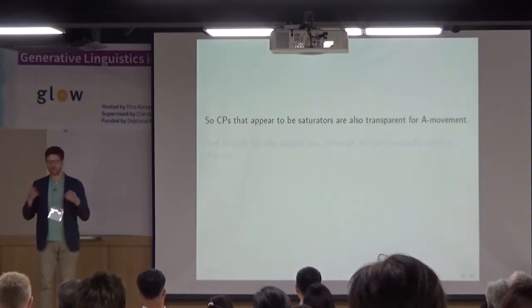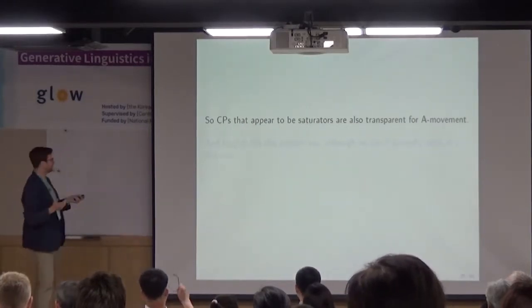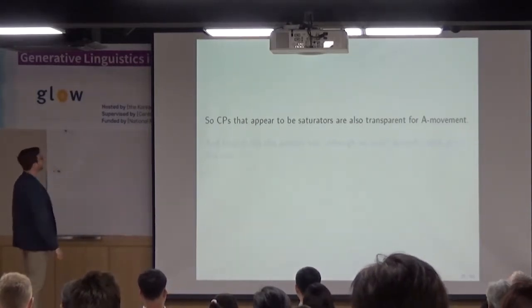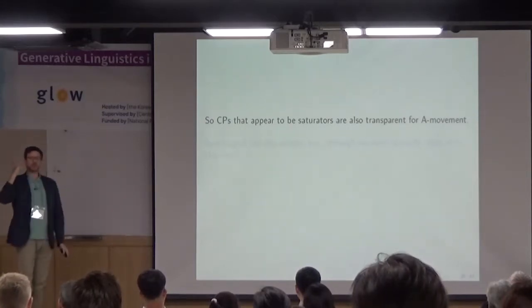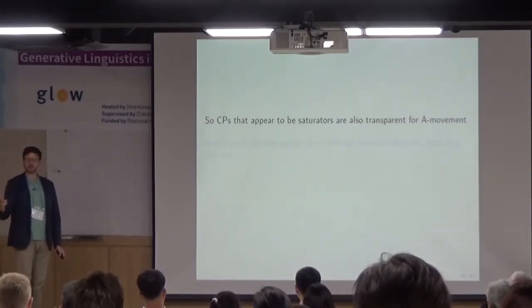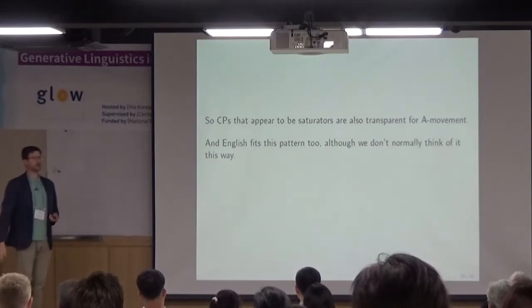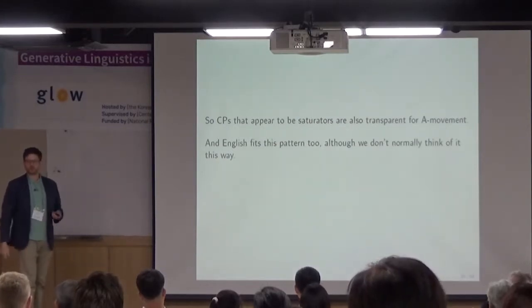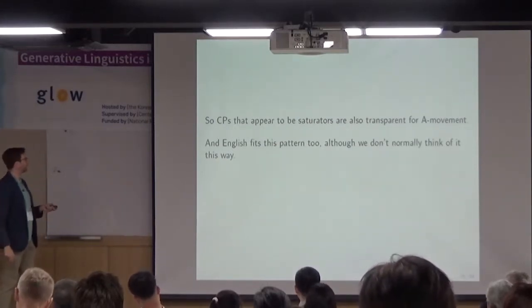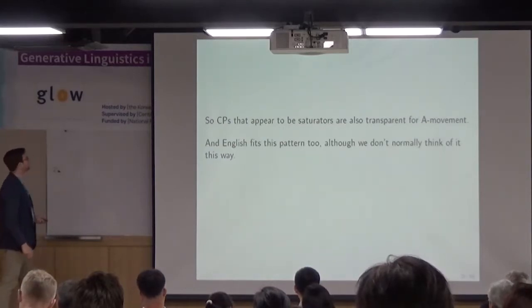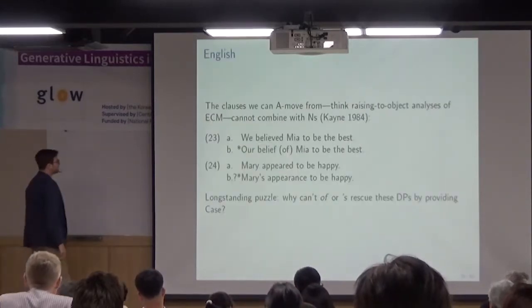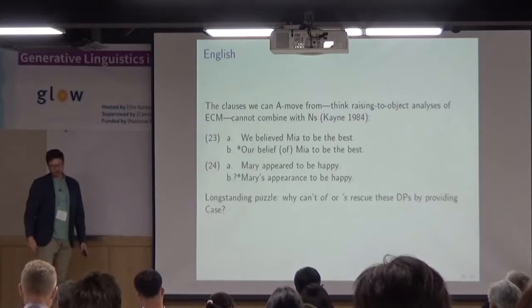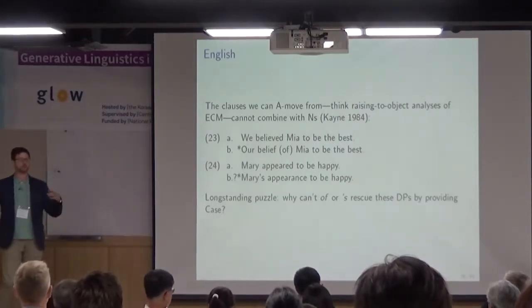That's sort of an obvious point that many people derive, but it fits. In addition to Korean, Japanese, and Zulu, I think English fits this pattern too. We just don't normally think of it this way when we look at ECM in English. So there's a famous fact about ECM in English, that ECM doesn't combine with nouns.